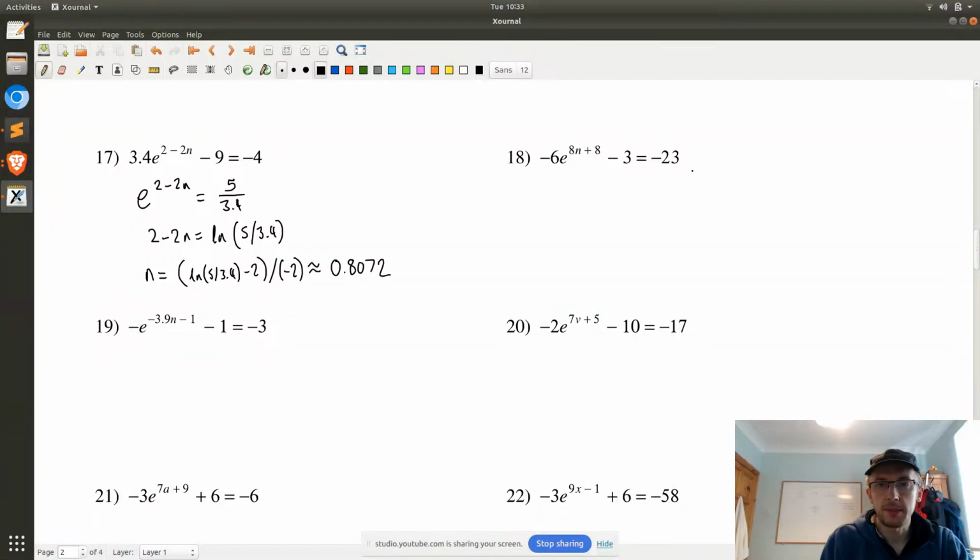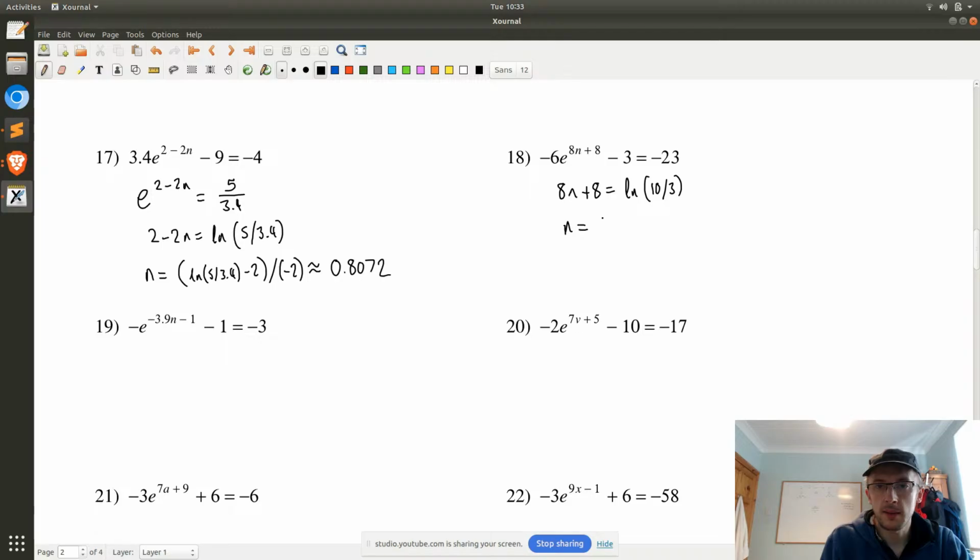Here, add 3 to both sides, so we get negative 20 on the right, divided by negative 6, so we get 10 over 3. So 8n take away 8 is ln 10 over 3.